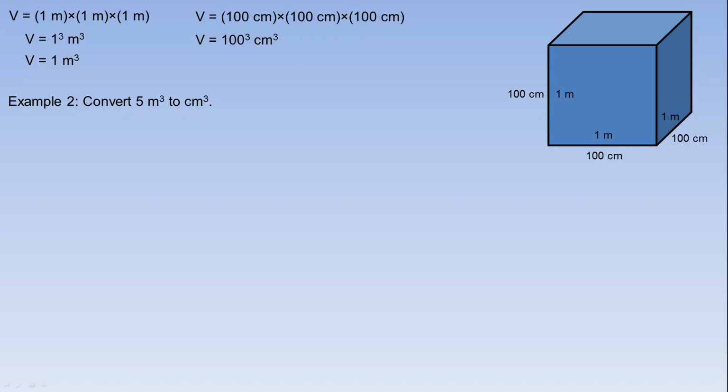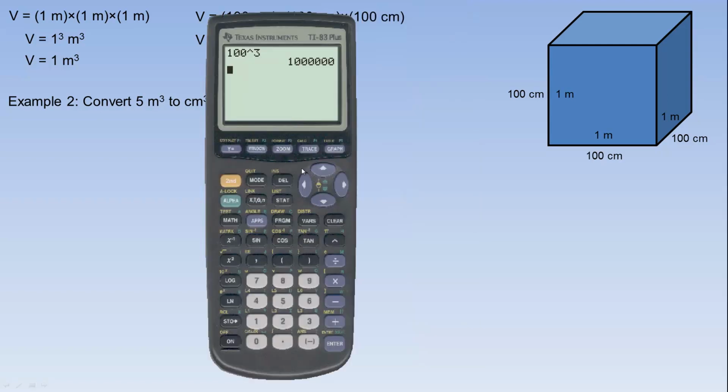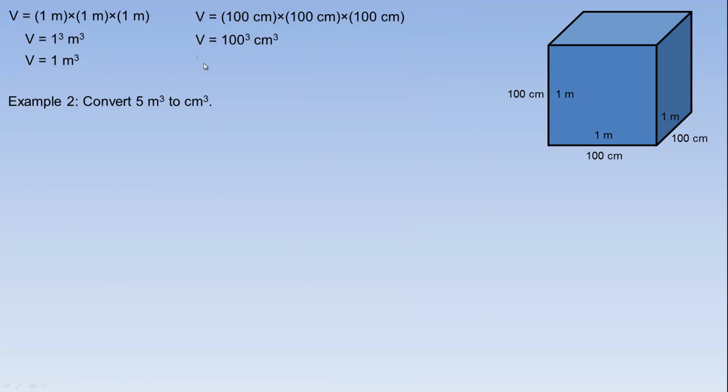Now 100 raised to the power of 3 is 1,000,000. There's 6 zeros there. So this would be the same as 1,000,000 cubic centimeters. So 1 cubic meter is the same as 1,000,000 cubic centimeters.